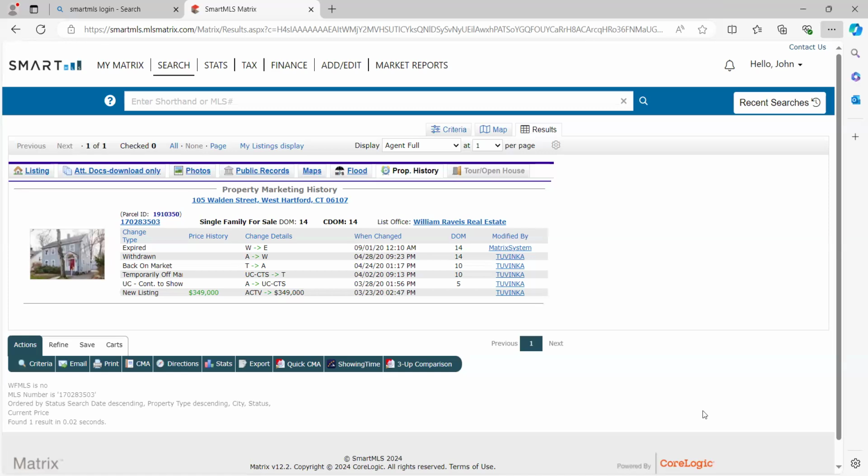And then within several days of it coming back active on the market in April, on April 28th, they withdraw it from the market. That's what a W is. It's a withdrawn.